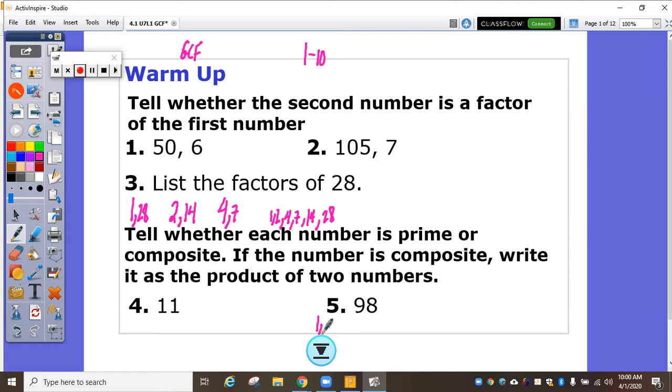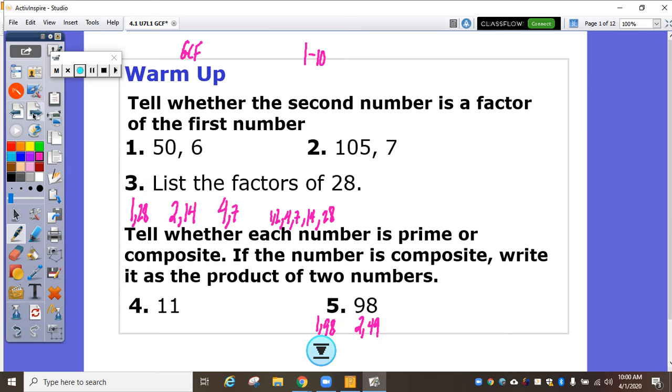We have 1 and 98. However, we also have 2. 2, it's an even number, right? So we know that at least 2 will go into 98. It'll go in 49 times. So because you have more than 1 that goes into the number, it's a composite number.